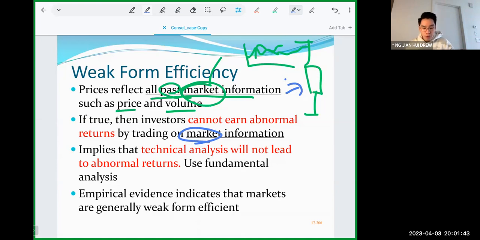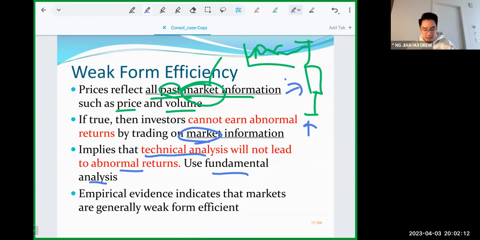When we use this kind of charts, the correct term is actually technical analysis. So when you're using charts, it's called technical analysis, right? We're just using the price and volume information. And it means that if you use these charts, we should not be able to earn abnormal returns. But if you use fundamental analysis, we can actually earn abnormal returns under the weak form.